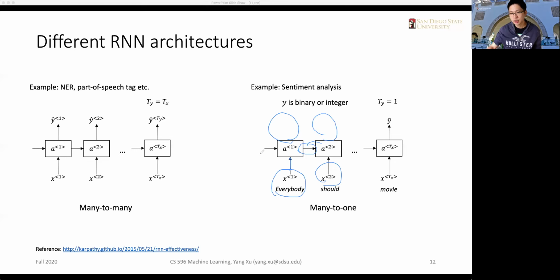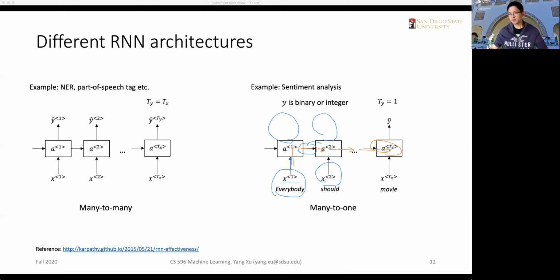So this history information, the information encoded in the first word, is passed along through this activation to the second time step, and passed along further to the third time step, until the last time step.